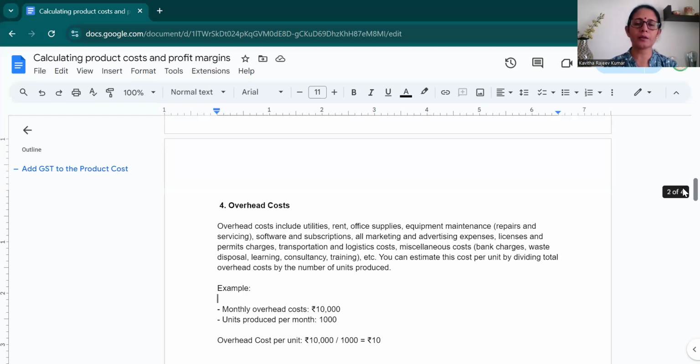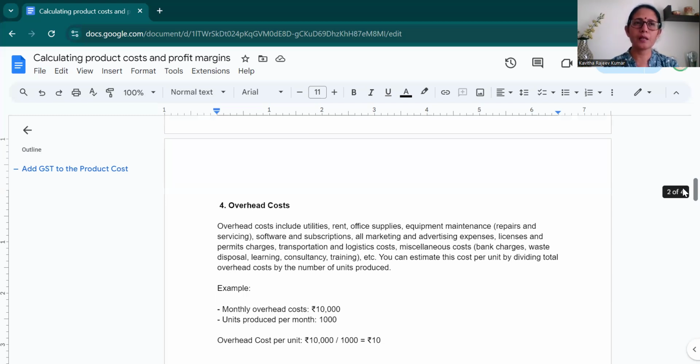That is overhead cost. All transportation and logistics cost for purchasing the ingredients as well as for sending the chocolates. Miscellaneous costs like bank charges, your credit card charges, debit card charges, waste disposal.